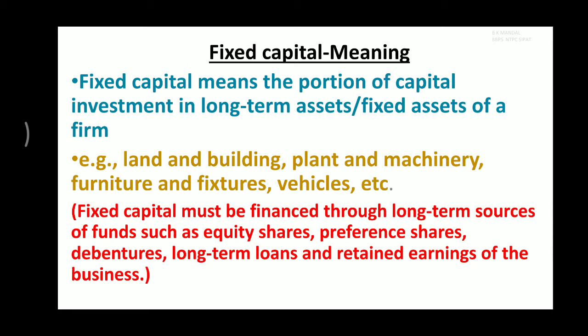So examples of fixed capital are also the examples of fixed assets. Examples are land and building, plant and machinery, furniture and fixtures, vehicles, etc. And one thing you have to keep in mind is that fixed capital must be financed through long-term sources of funds such as equity shares, preference shares, debentures, long-term loans, retained earnings, because we need huge investment in these assets.